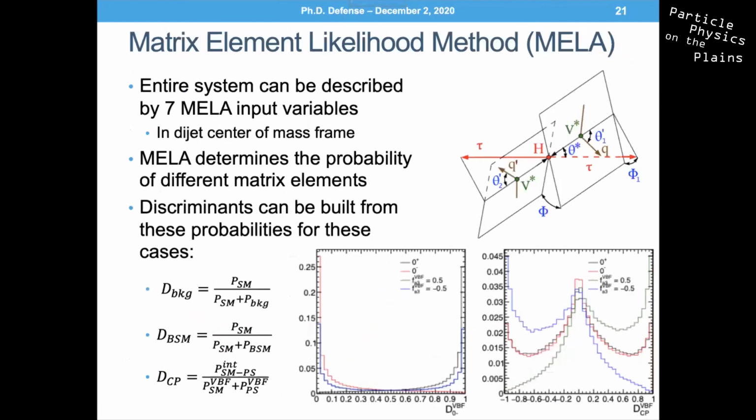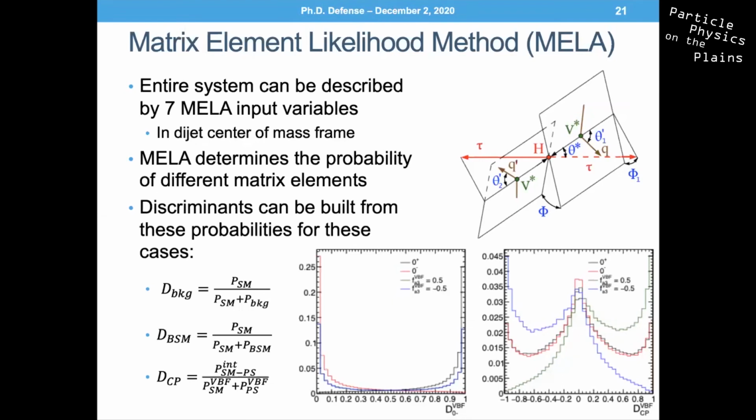In addition to the di-tau mass, we make heavy use of the matrix element likelihood method. This is called MELA for short. What MELA does is you provide the 7 MELA input variables, which are shown here on the top right. These 7 input variables completely describe the system in the di-jet center of mass frame.